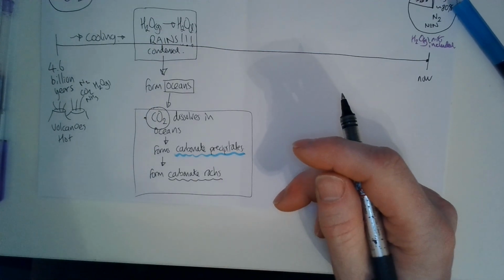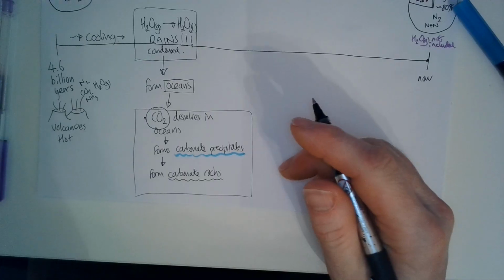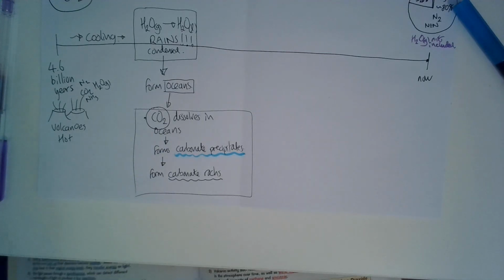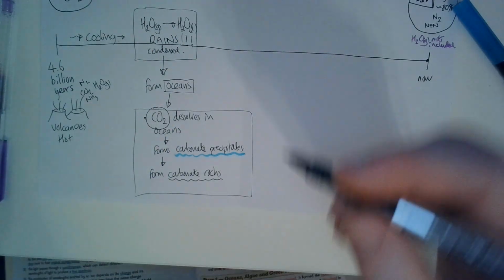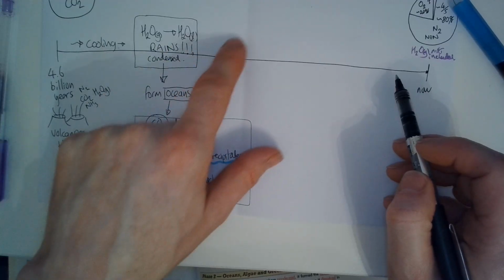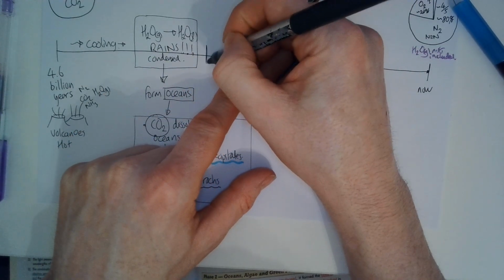And I am. Right then, the next thing that we need to know about is where a load of the other carbon dioxide went. And this happened at a very significant time, 2.7 billion years ago. If that's 4.6, that's about 2.3, so around about here.